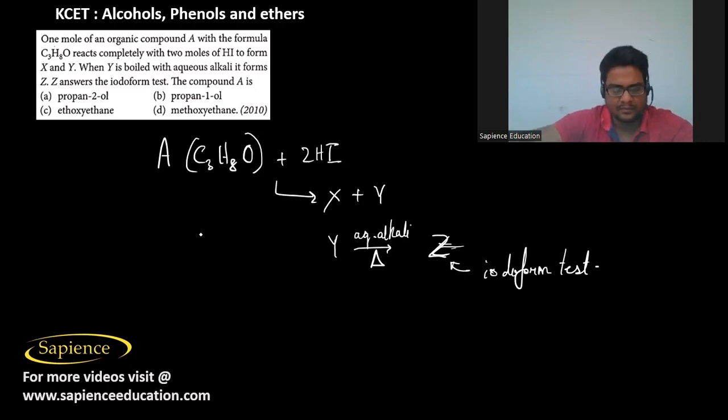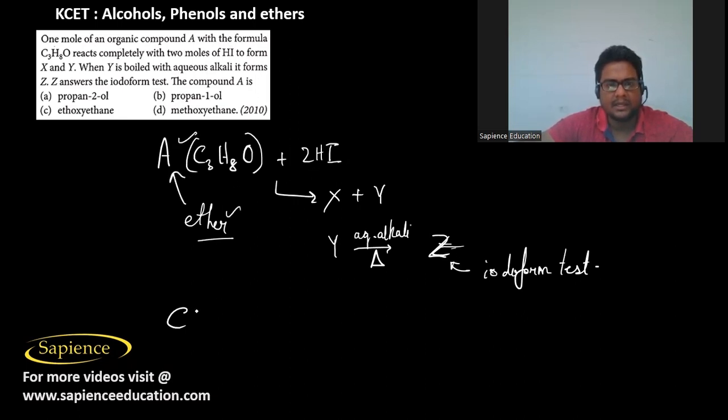So now, the compound A is C3H8O. So it should be an ether, since it reacts with HI. So the compound A should be an ether only.